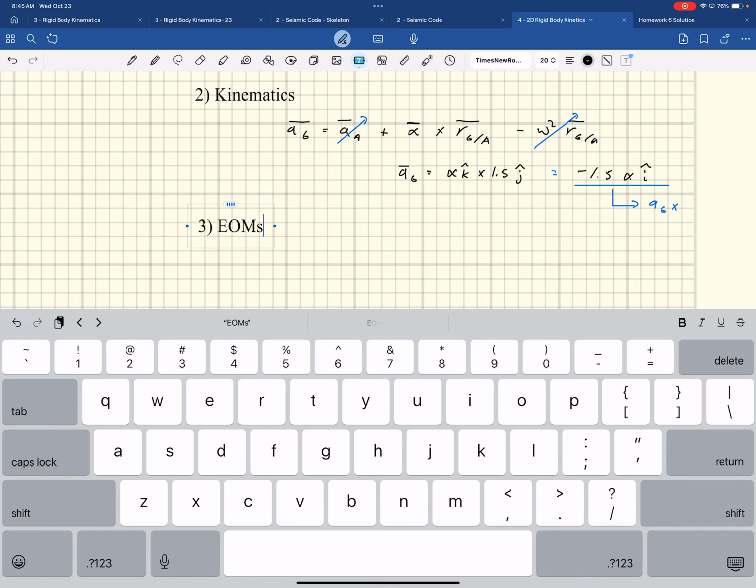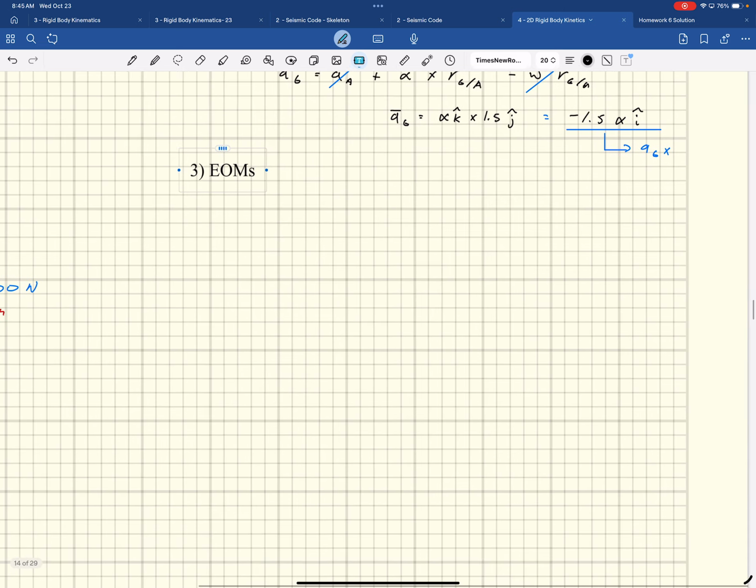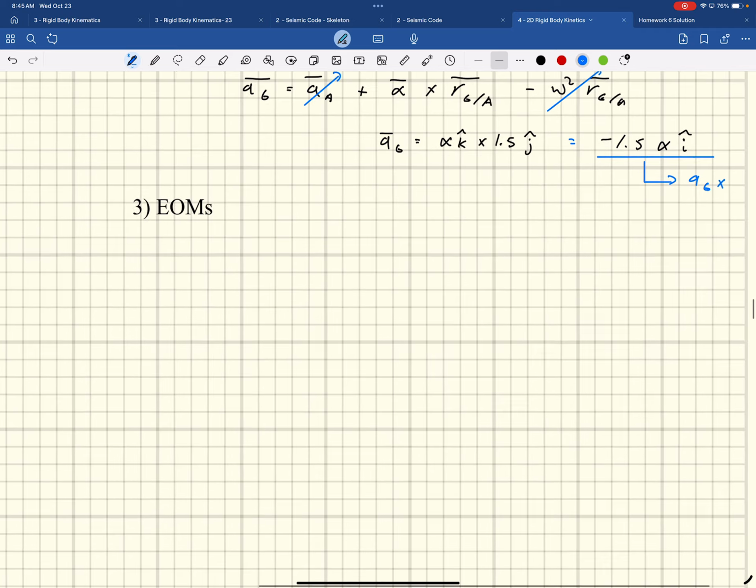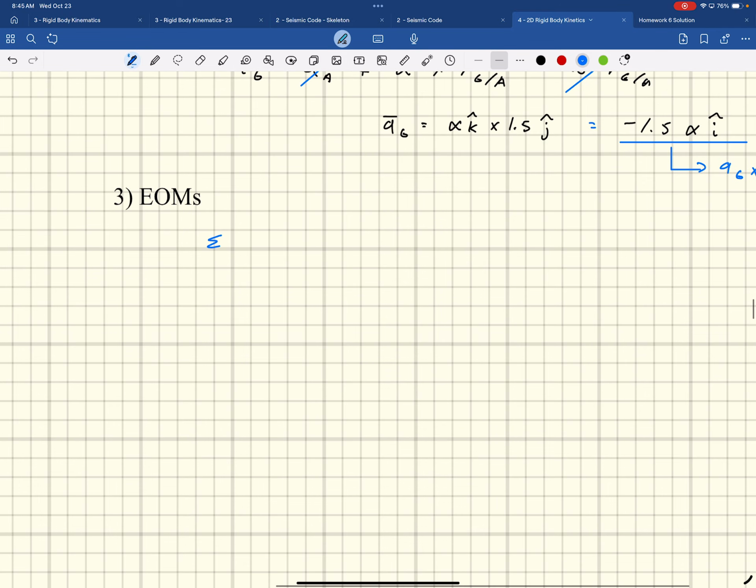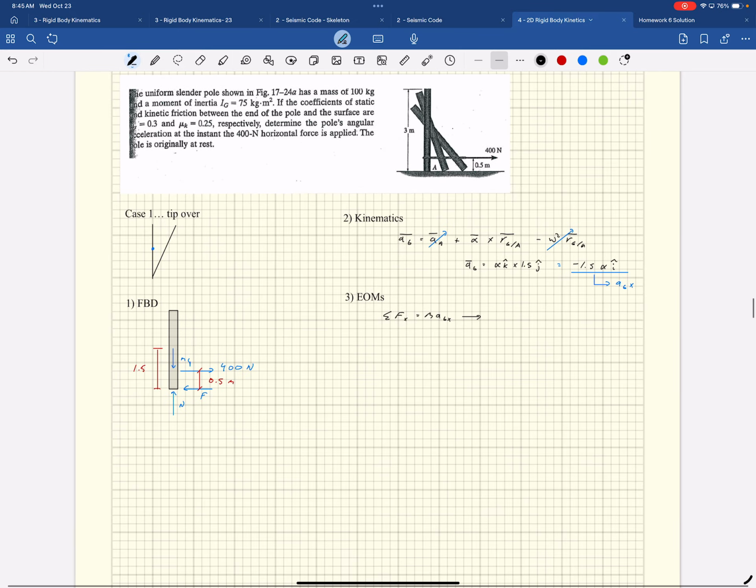EOMs. Okay. Sum of the forces in the X is equal to M AGX. You just look at our free body diagram and say, what is acting in the X direction?